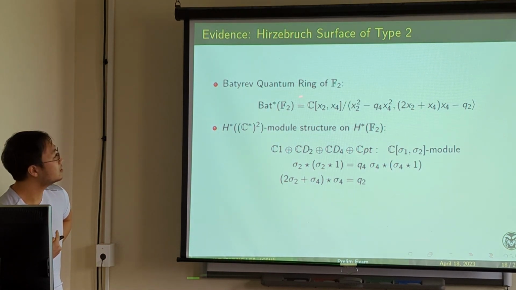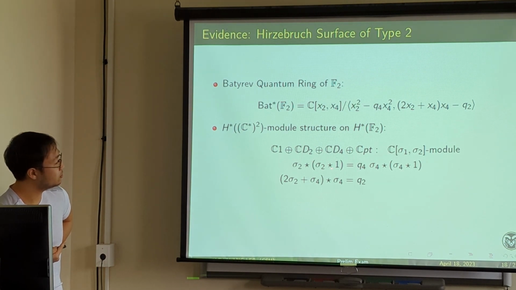Now here is the Batyrev ring of the Hirzebruch surface of type 2. It has these two relations. And from the computation of the module structure, we can compute and have two relations.